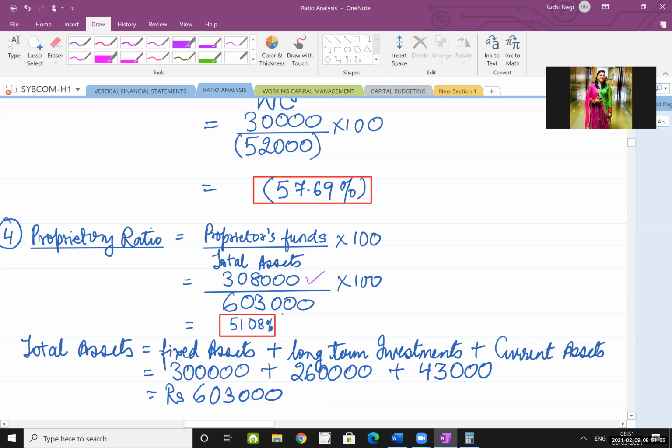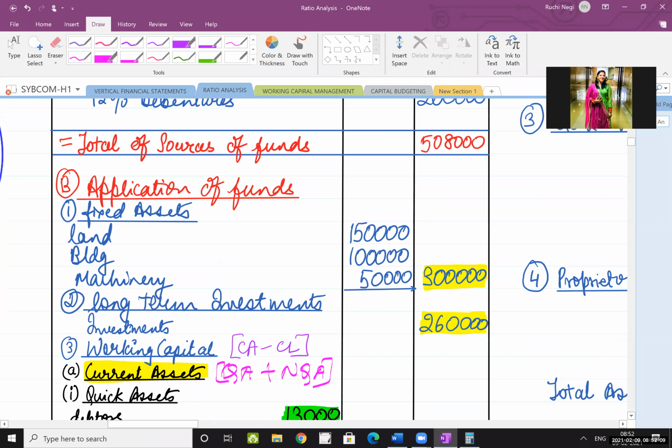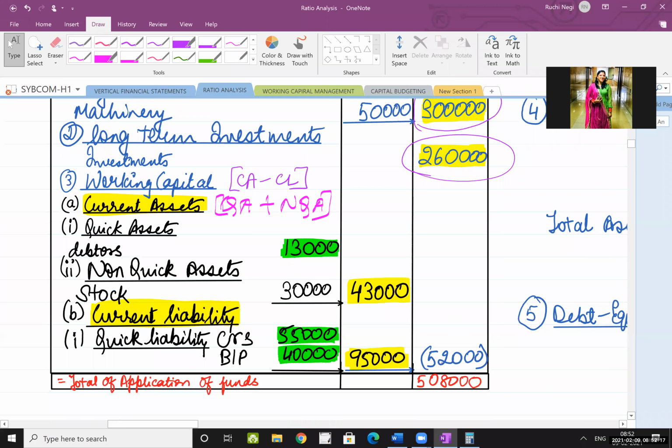Then total assets. Total assets is fixed assets plus long-term investments plus current assets. Okay, so my fixed assets total: land plus building plus machine. This is my total fixed assets. This is my investments and my working capital.